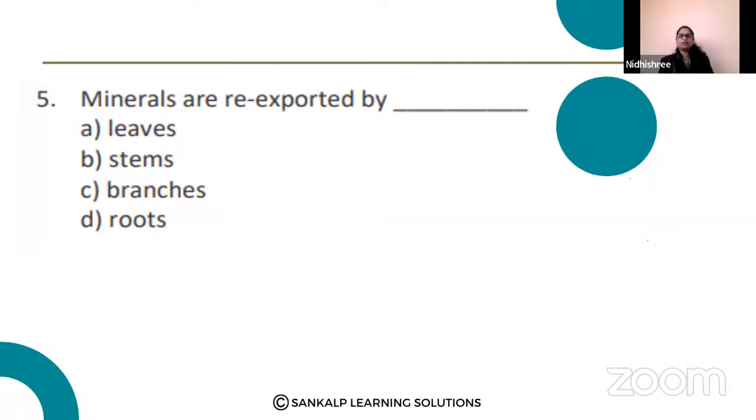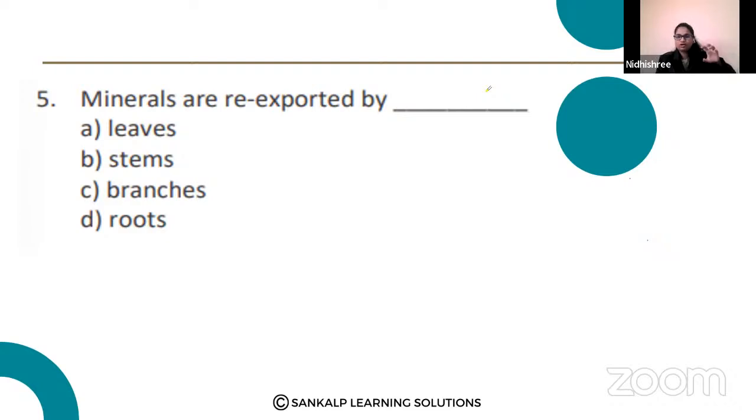What question have they asked, children? They have asked re-exported. Exported means it is roots. Re-exported, I don't know why most of you voted for option B, stems. So the right answer here is option A, leaves. After absorbing the water from the roots, the water will go into the leaves.